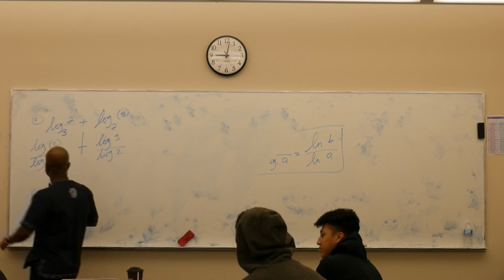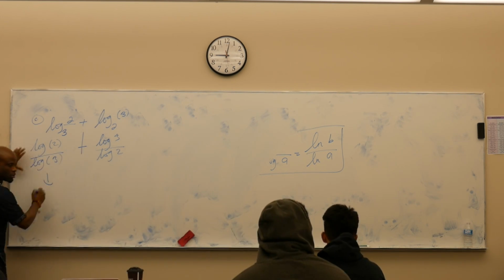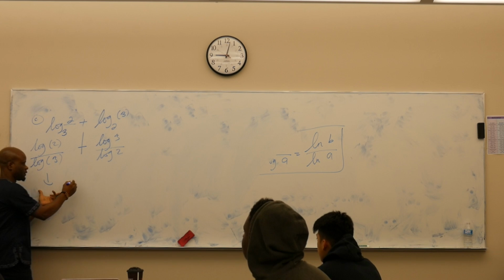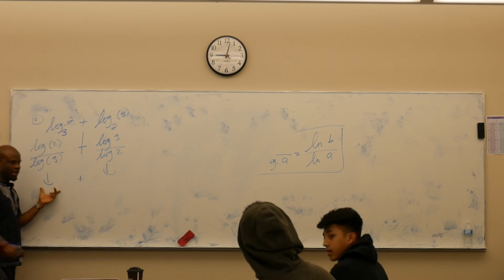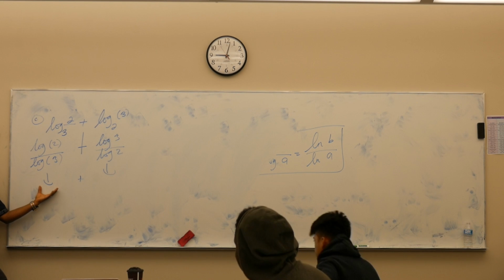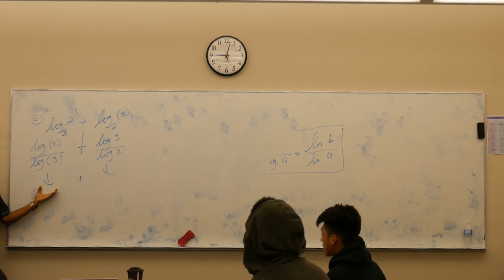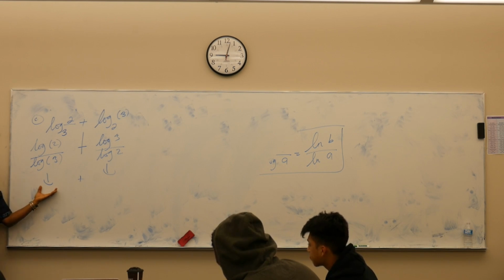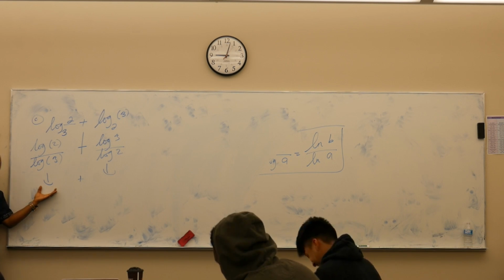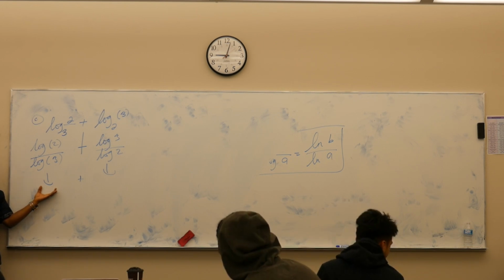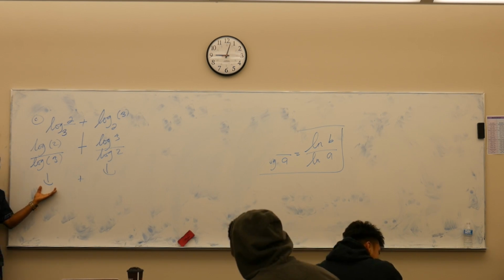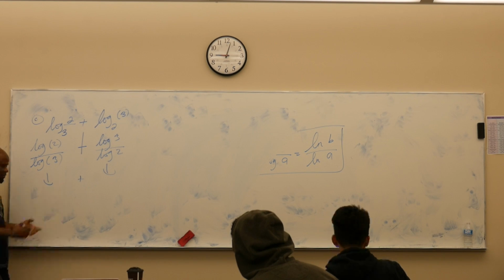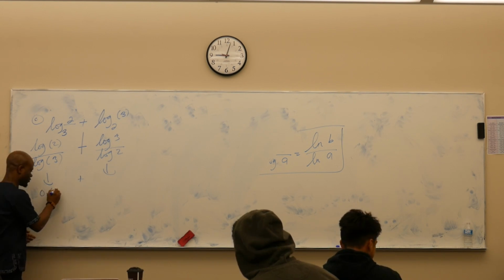We could do it this way. Okay? Now put this in the calculator. So this and that. So what is the value you get here? 0.63.